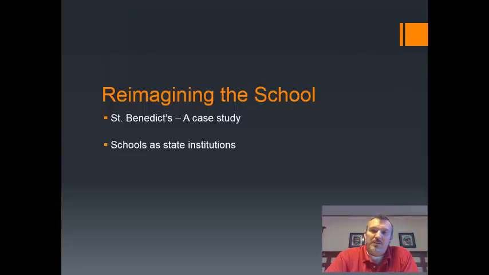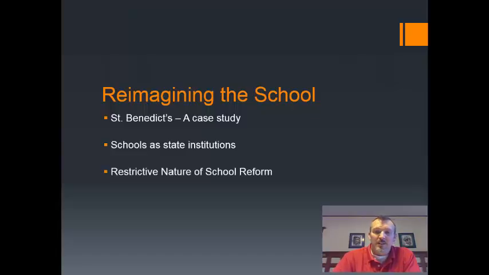Districts obviously have an investment in that school, but the one thing we should consider within public education is what we can achieve regardless of these substantial bureaucracies, in the same way that St. Benedict's is achieving success, as well as many other models that we could find across the United States of very successful school reform movements.